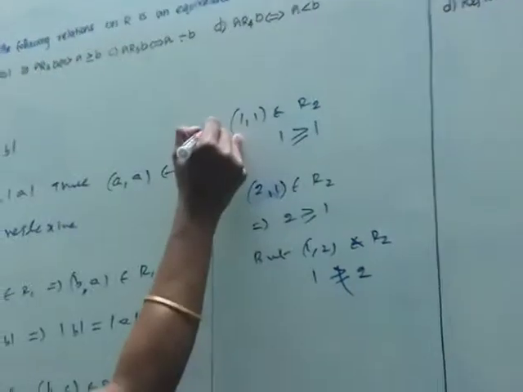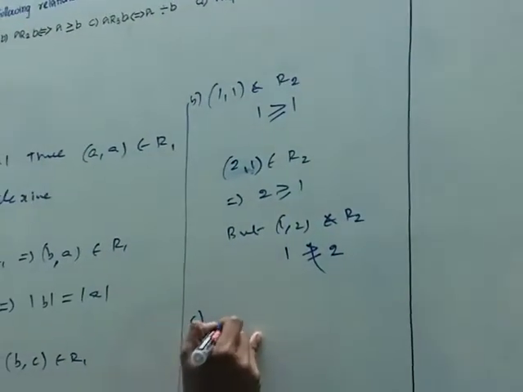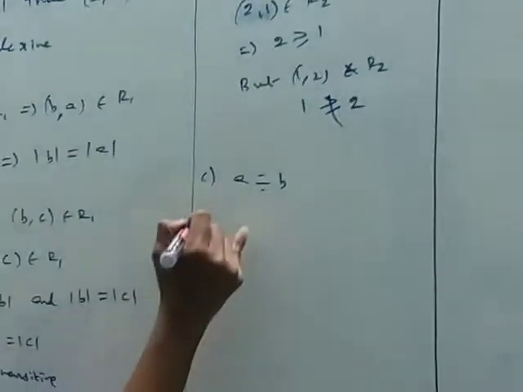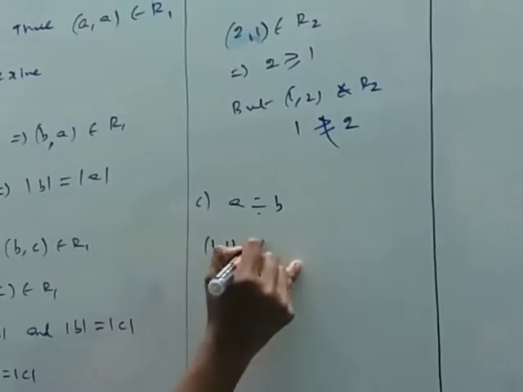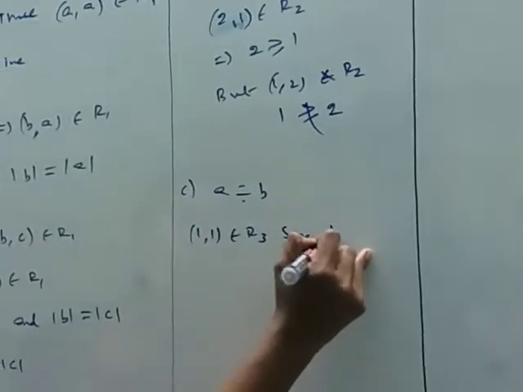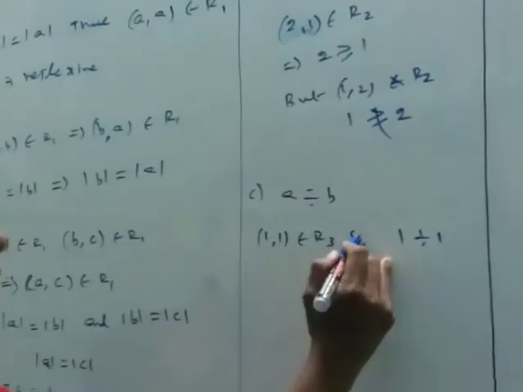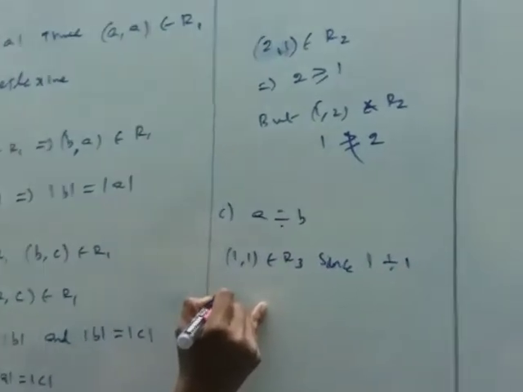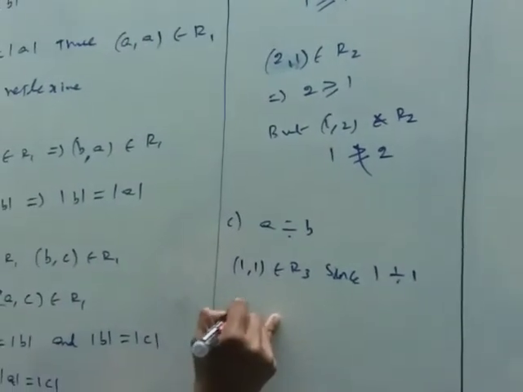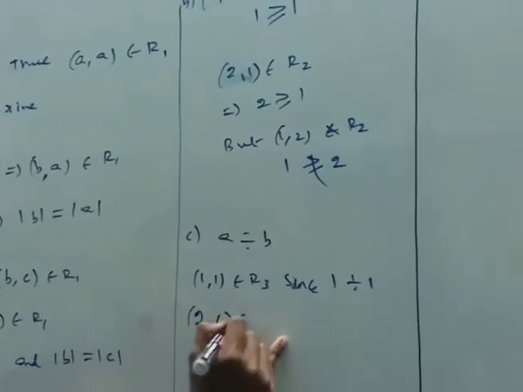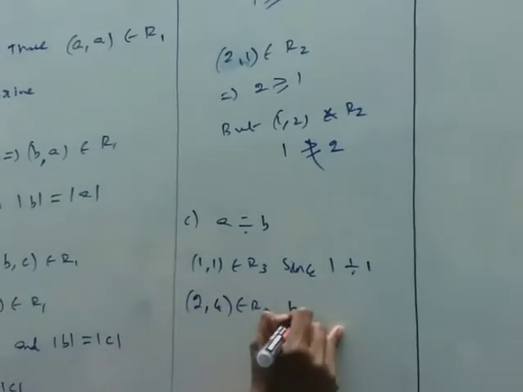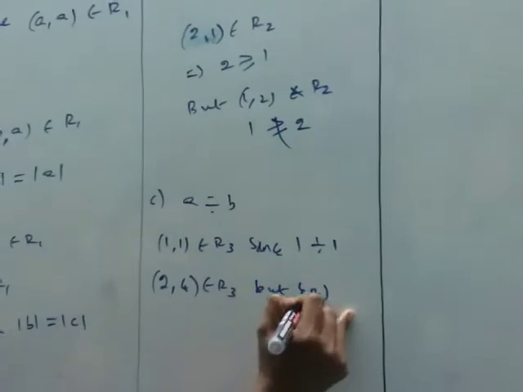The third condition. So A divides B. So for reflexive, 1 comma 1 belongs to R3, since 1 divides 1. Okay. But here 2 divides 4, so 2 comma 4 belongs to R3. But 4 comma 2 does not belong to R3.